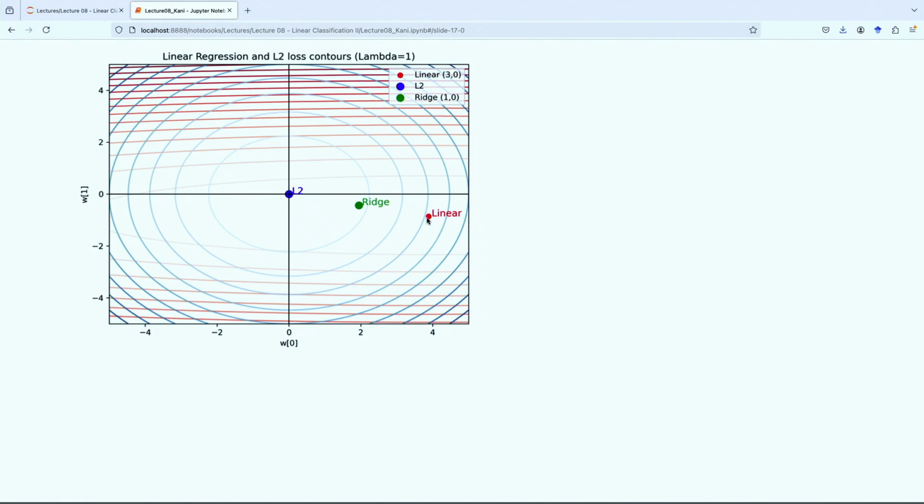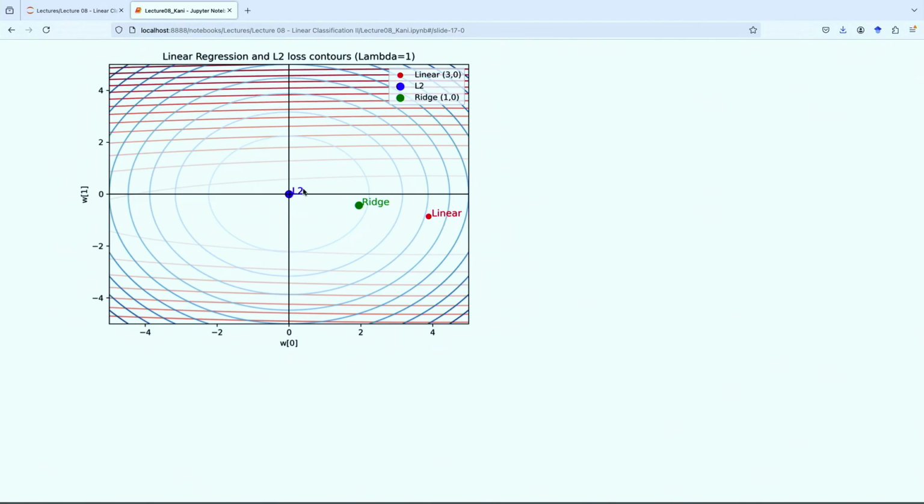We want to find the computer has a point, has a loss, and it wants to find its way to the minima, both to this L2 minima and to this linear minima. Now, we can't do both. It can't go to the L2 minima because then it'll increase the linear loss.